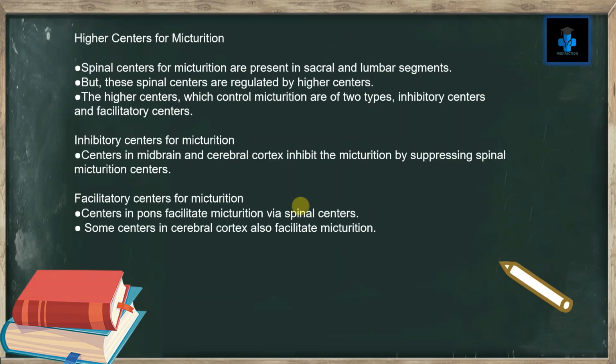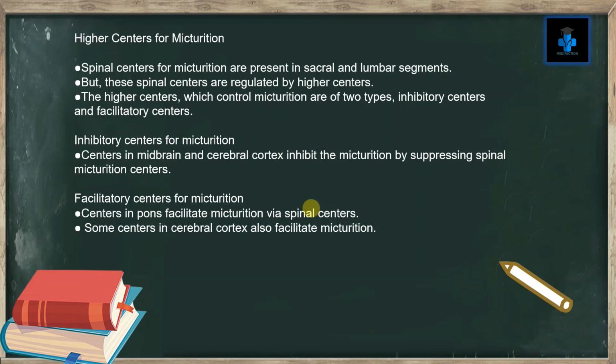Now let's talk about some higher centers for micturition. We know that spinal centers for micturition are present in sacral and lumbar segments, but these spinal centers are regulated by some higher centers. The higher centers which control micturition are of two types, that is, inhibitory centers and facilitatory centers.